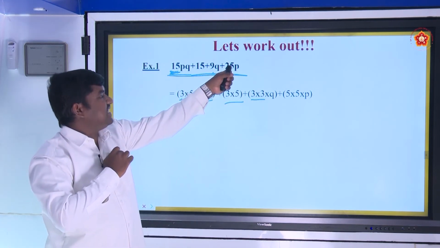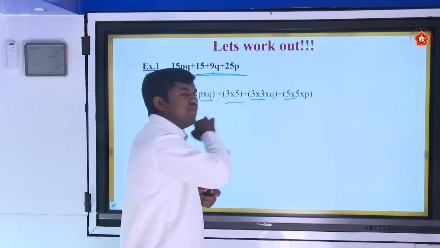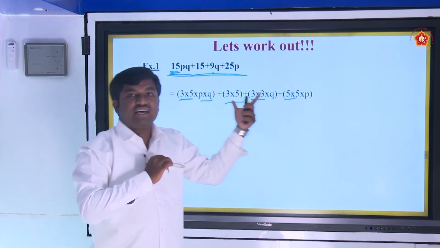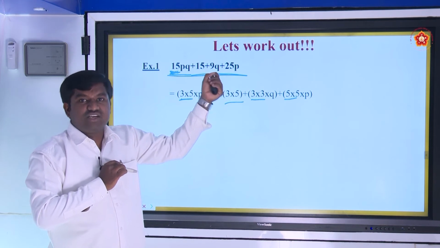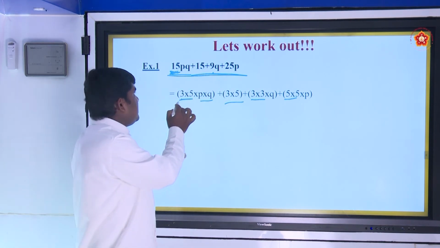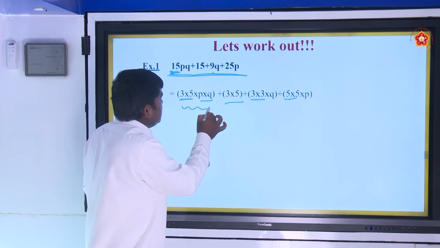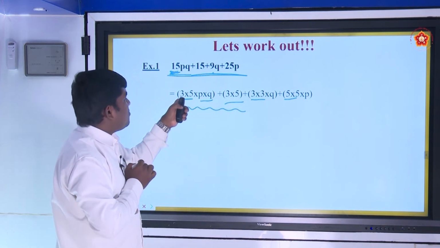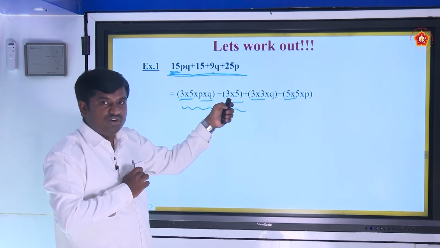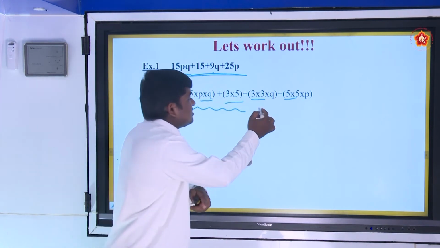Then 25 is there. 25 can be expressed as 5 into 5, then p is there into p. These are the factors of each term. Okay? Yes. In this, observe. In these two, we have common factors 5 and 5. Yes, no problem. Then move on to the next.